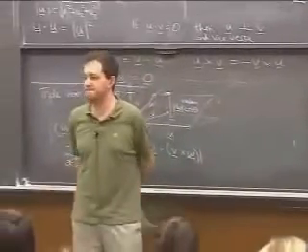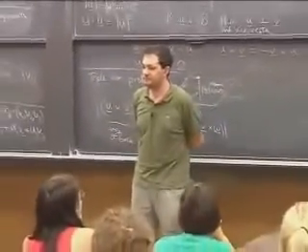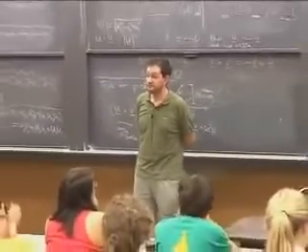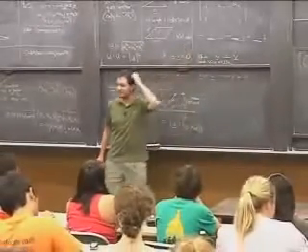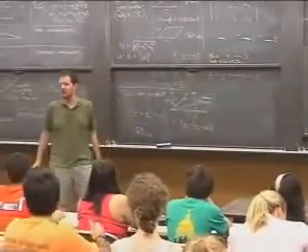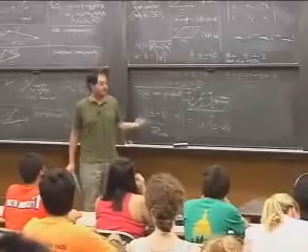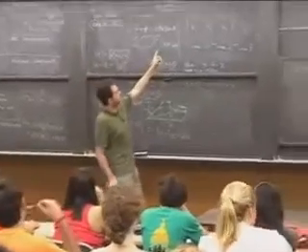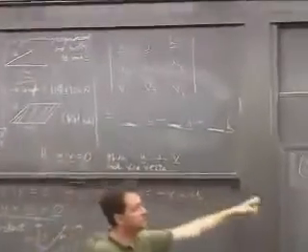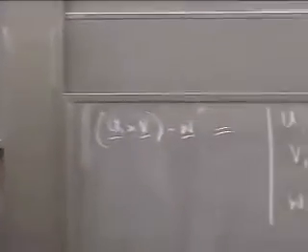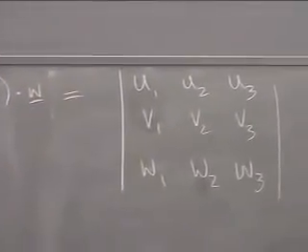You have a question? How can we use a 3 by 3 determinant and not just the cross product, and then just the dot product of the result? Okay, so the question is, why not just take the cross product of U and V right there, and then do the dot product with W? Well, if you try it, you will find you get exactly the same answer.